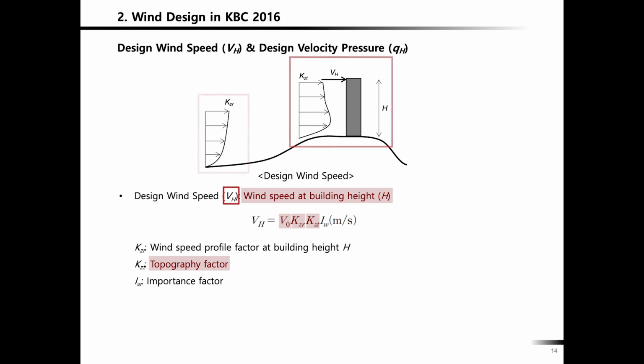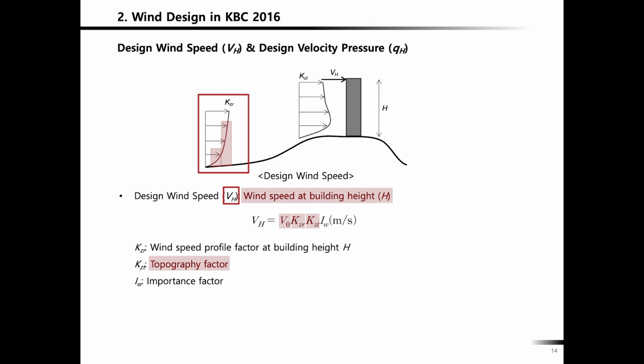So right there, it's different, and then it depends on the height. In this case, because it's on top of the hill, the VH is actually larger for a shorter building. But when you just talk about this location, if you want to build this building and then this building, KZR is different.